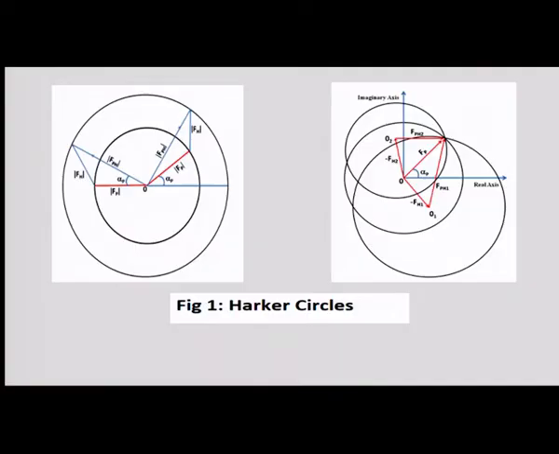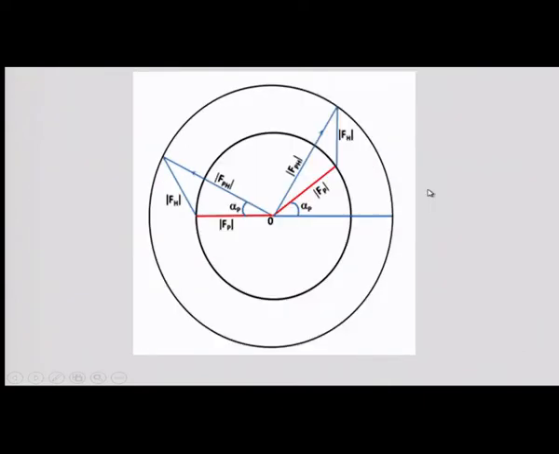Now, let us see what David Harker made regarding this construction, known as the Harker construction, also called Harker circles. If you look at the left-hand side figure, this is how to overcome the twofold ambiguity you get because of the use of a single derivative. For clarity, let us go to the next picture, and this is the ambiguity.